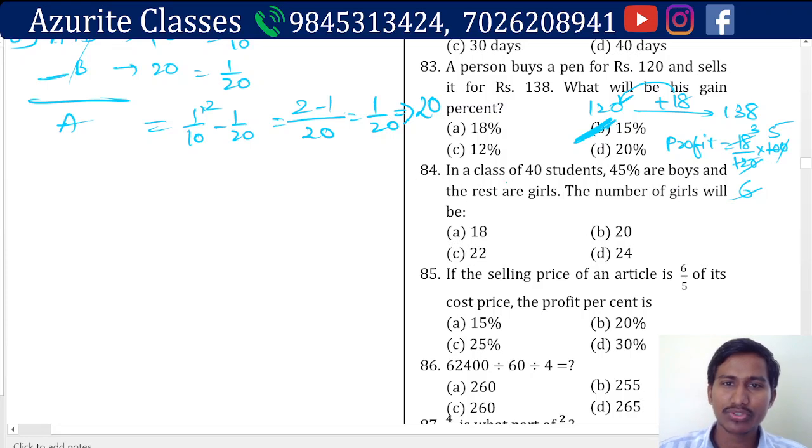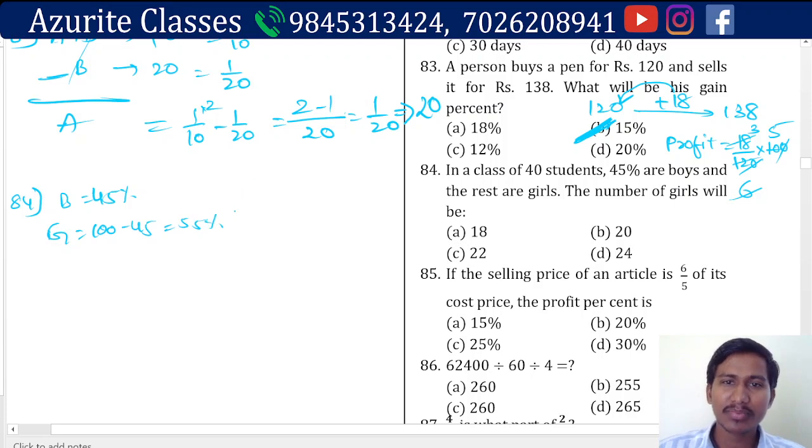Next 84 question. In a class of 40 students, 45% are boys and the rest are girls. The number of girls are, so directly you can do, right? So boys are 45%, so remaining will be girls, that is 100% minus 45, it will be 55% girls.